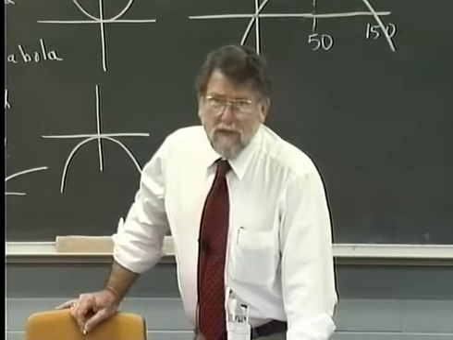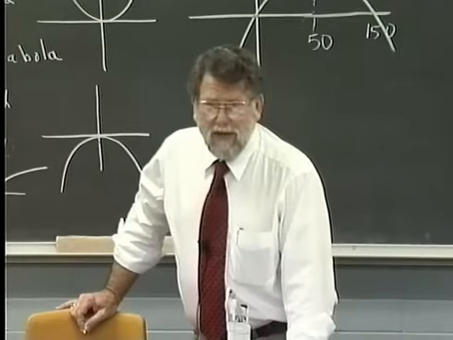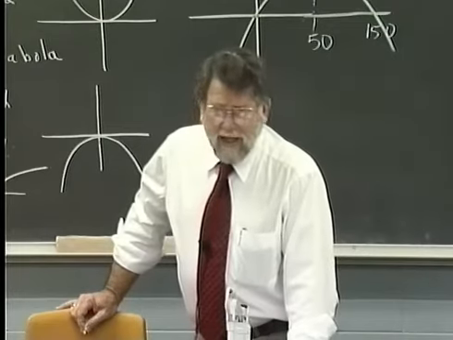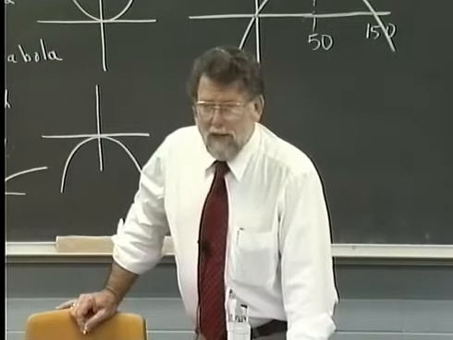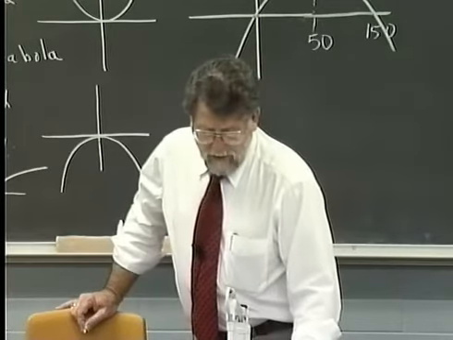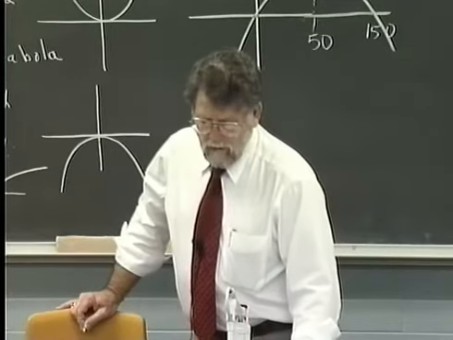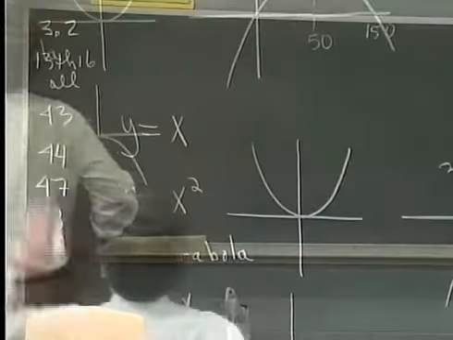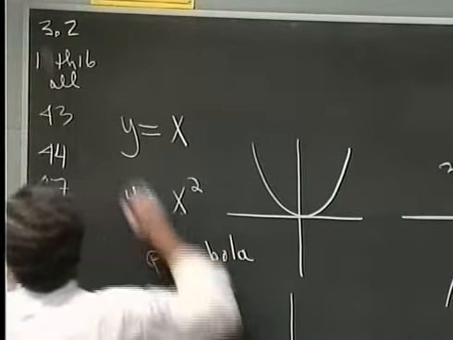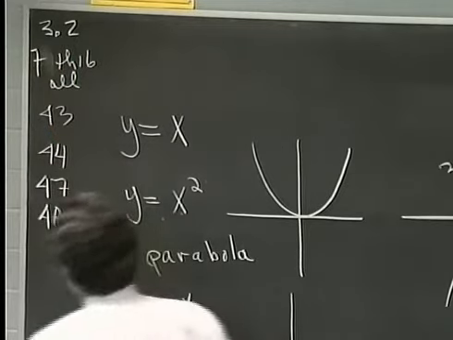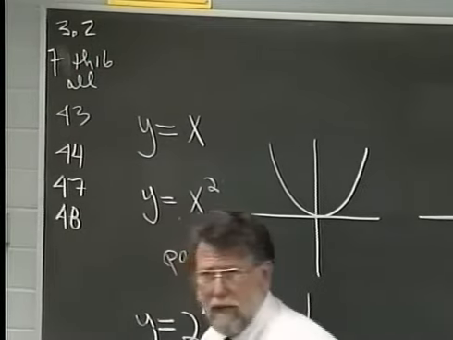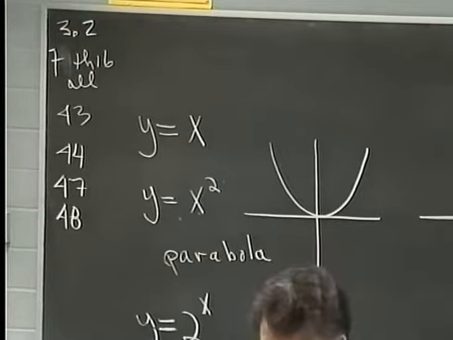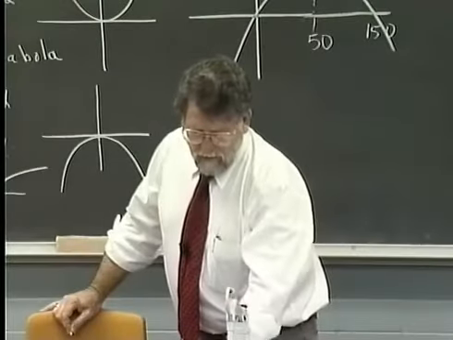I feel sometimes like trying to close the door after the chickens have flown the coop, in the sense that it might have been better to have you do some of those early on, but maybe 7 through 12 would be a good part. So why don't we make it 7 through 16 all? So I'll just modify this up here. So 7 through 16 all, and 43, 44, 47, 48.